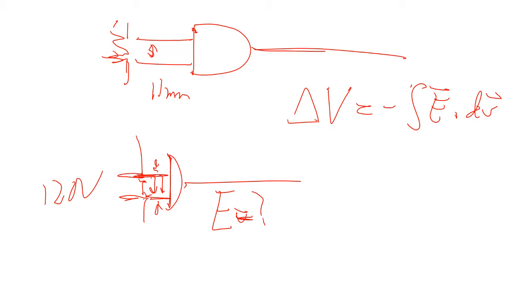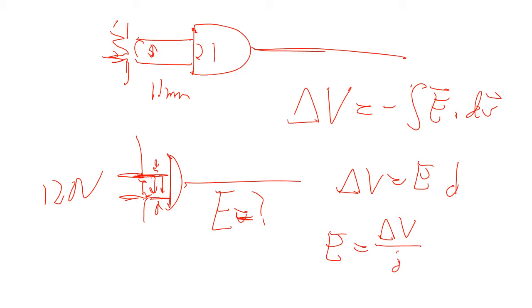It's not really, it arcs a little at the ends, but we're not going to worry about that. So the difference in voltage is just E times D, where D is the separation, and so E is the difference in voltage divided by D.